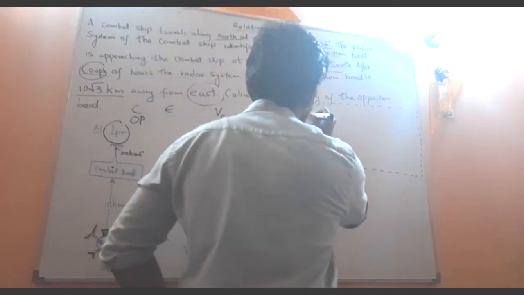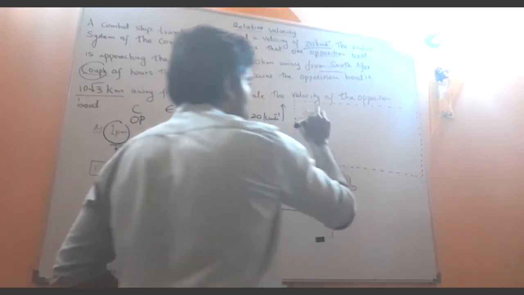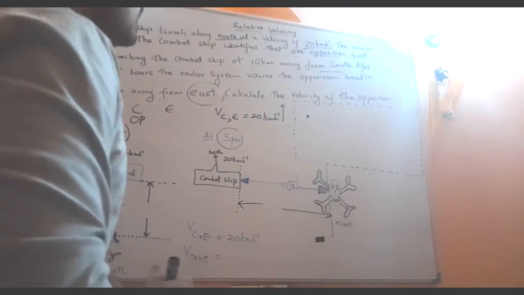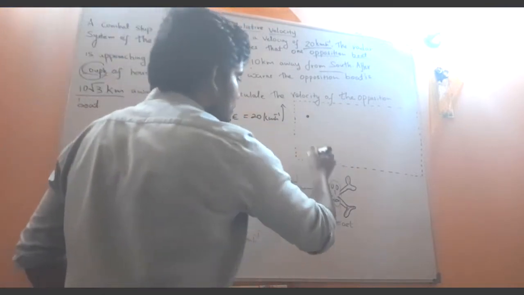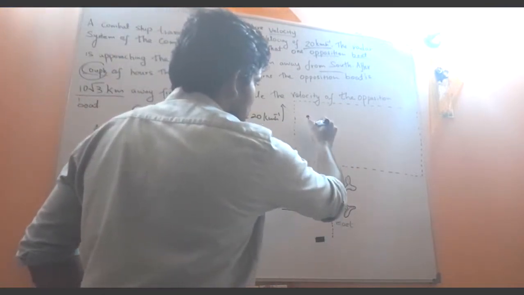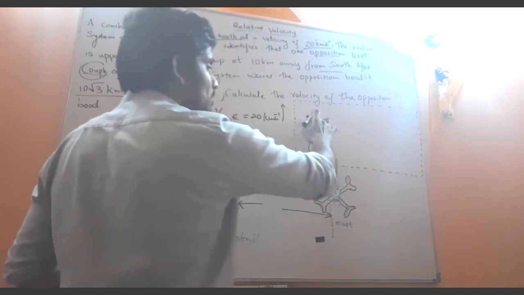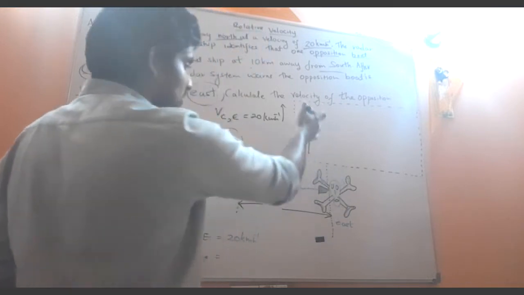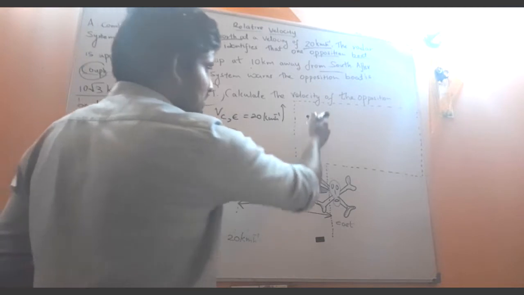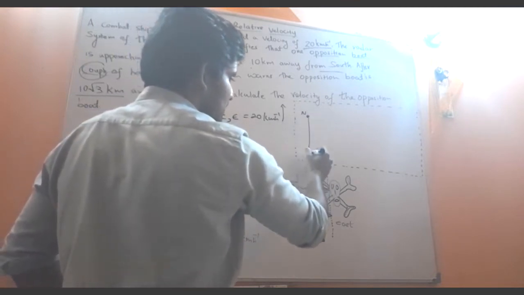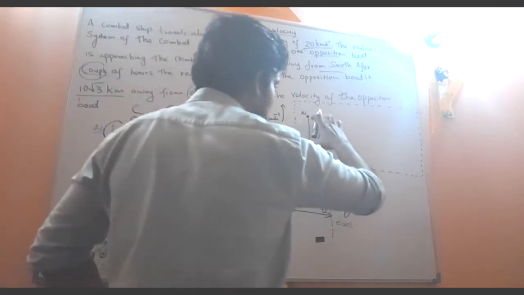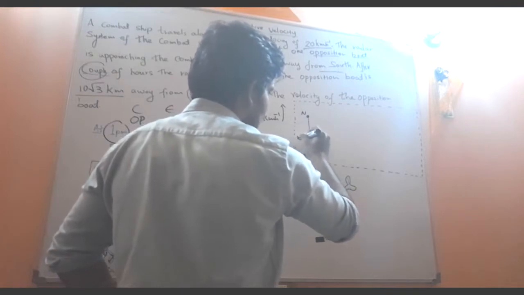like a dot here, this dot. Now at 1 p.m. this is the distance. If this is the combat ship 10 kilometers behind, that means if this is north, this must be south. So what is this distance? 10 kilometers.